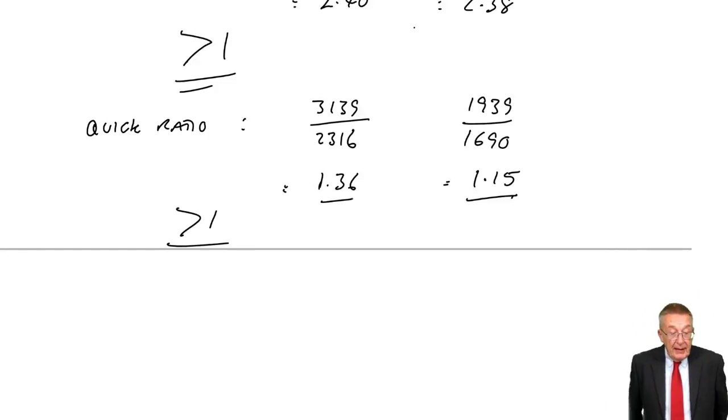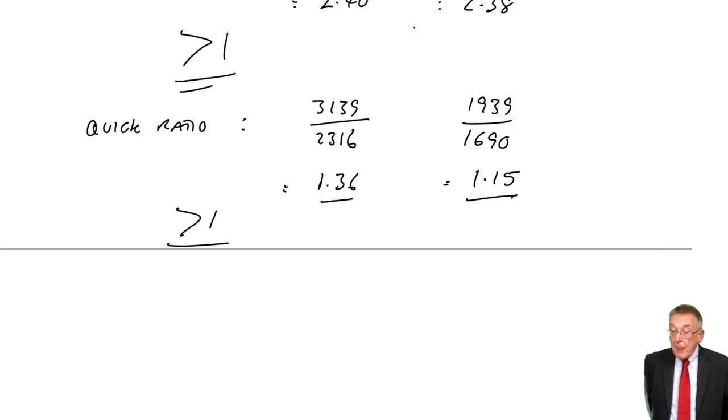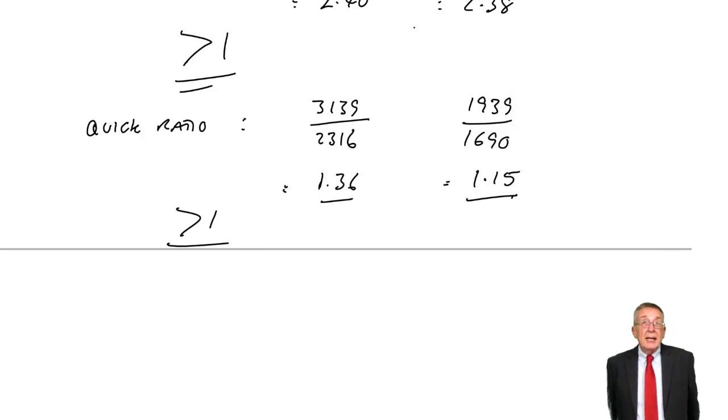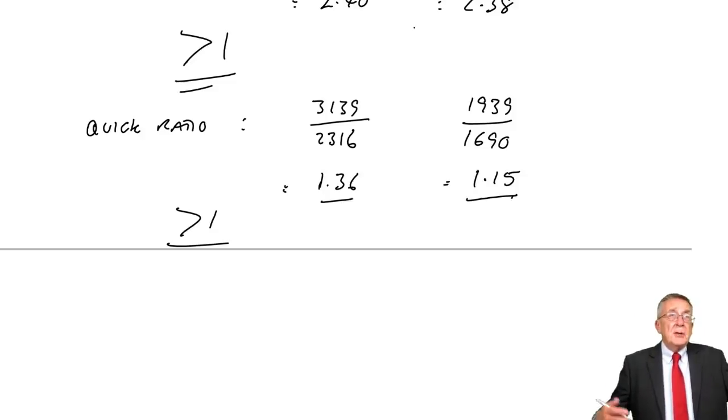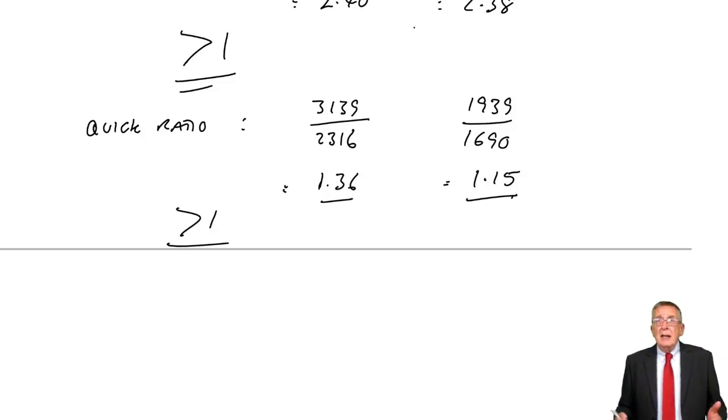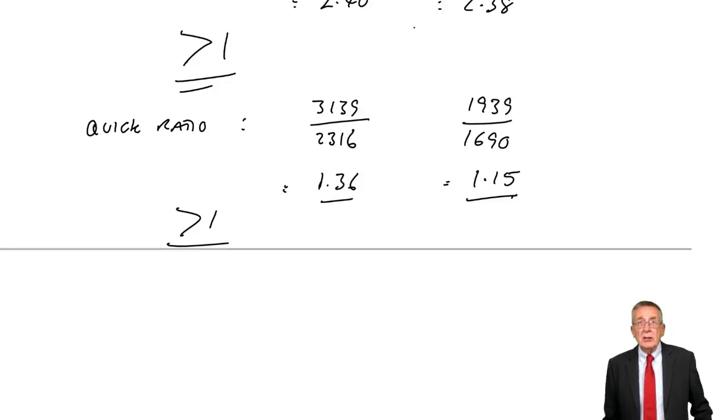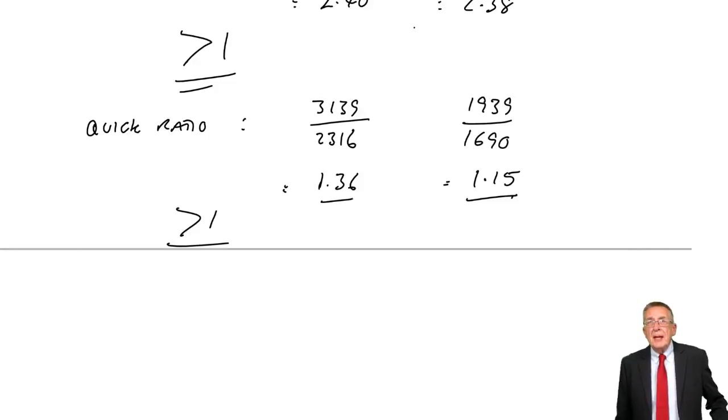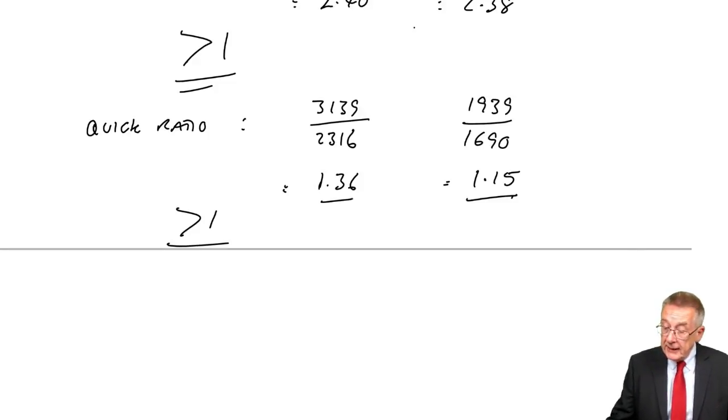All right, we can go into a bit more detail. What's next? You'll see next inventory days, receivables days, payables days. I said earlier that if the current ratio is very high, it could mean that we've got huge levels of inventory, more than we actually need, or we've got huge levels of receivables because we're giving them a long time to pay. Well, we can look at each of those in turn. And I've done it in a slightly different order.